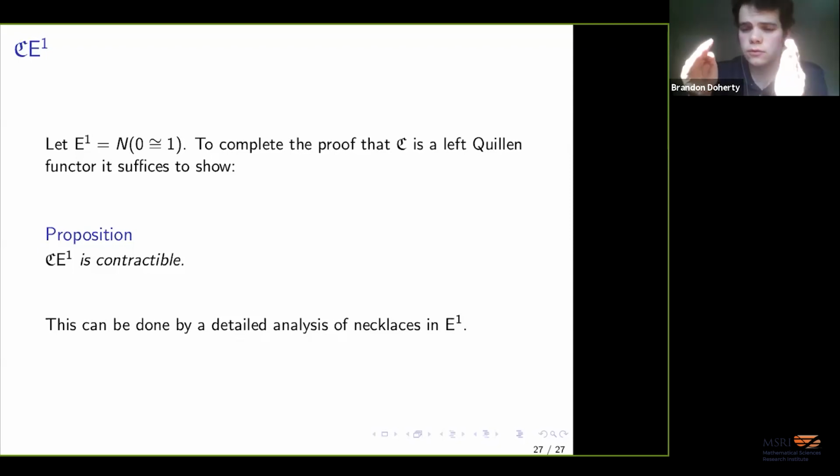So to complete the proof that C is a left-Quillen functor, it would suffice to show that it sends those endpoint inclusions to trivial cofibrations. And for that, it would suffice to show that C of E1 is contractible in this model structure on cubical categories. I've also got a proof of that, which proceeds by a somewhat more technical and detailed examination of the necklaces in E1. But it looks as if I don't really have time to get into those details here.